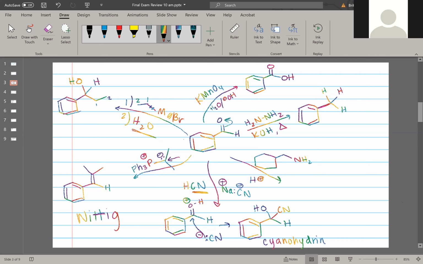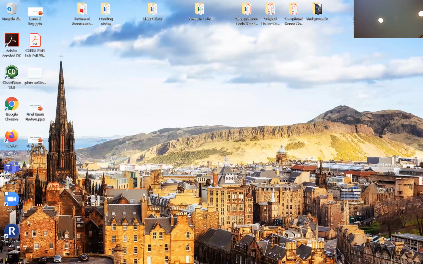Not an amide, but it is going to create something amine related. An amide can be formed from a carboxylic acid. But what happens when you react an amine with an aldehyde or a ketone?